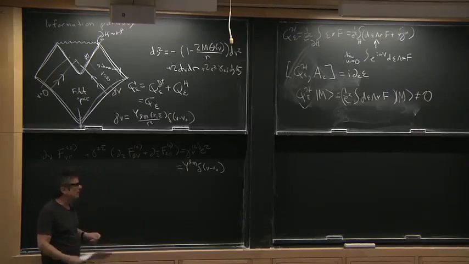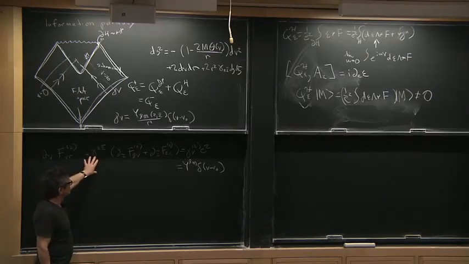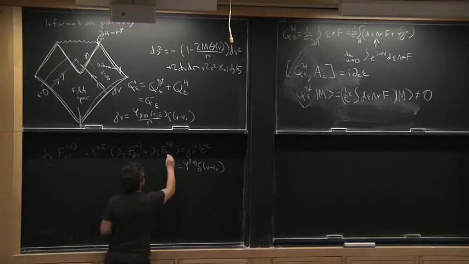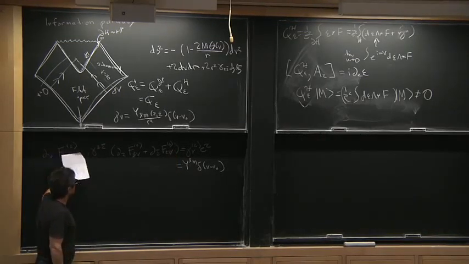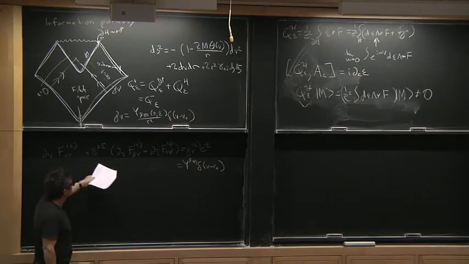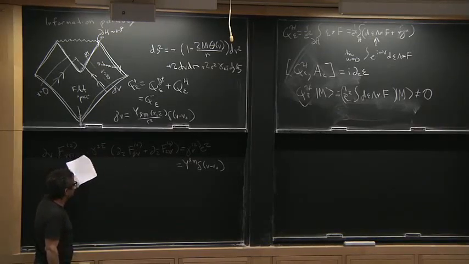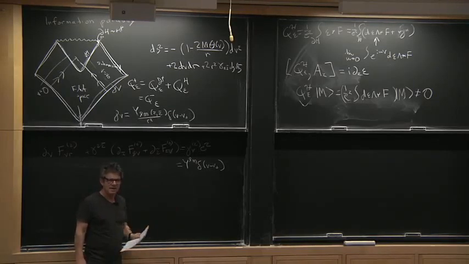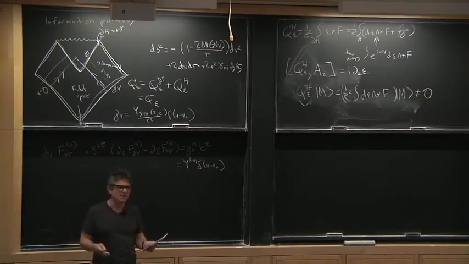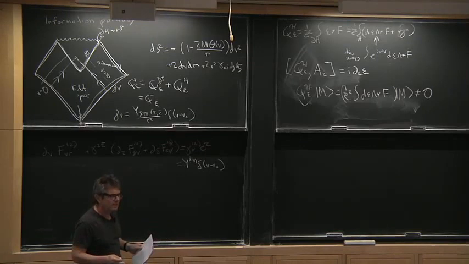Now, there are many different ways to solve this equation. We've got three things on the left-hand side, F_zv, F_z-bar v, and the electric field. So basically, we're solving one equation for three variables.